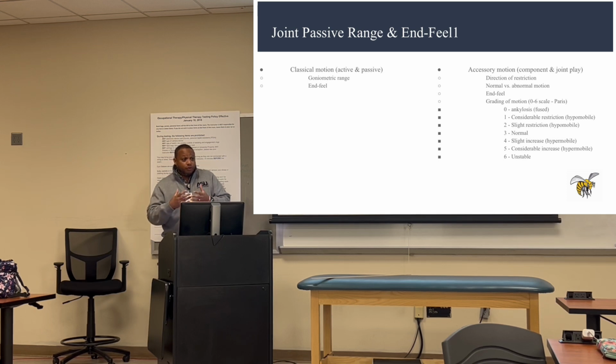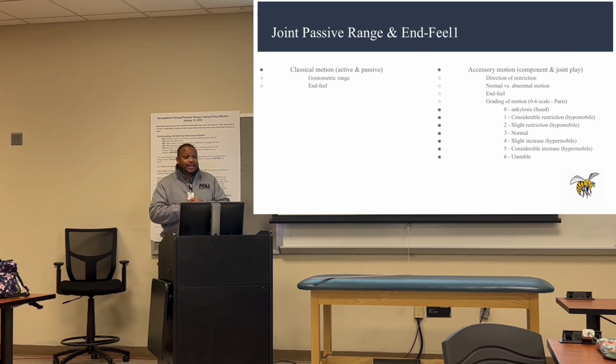We are also assessing to make sure that the motion doesn't have an abrupt stop. When we assess the component motion and we get an abrupt stop, what could that mean? That could mean that we have a bony block. That could mean that we have a loose body somewhere within that joint. So that's gonna let us know that something is not right.